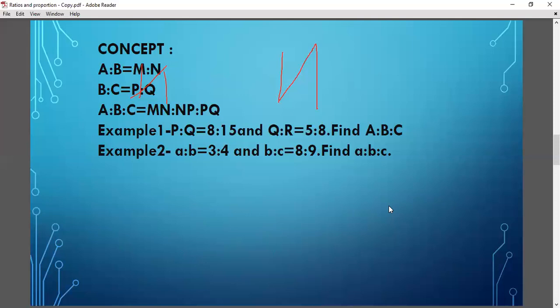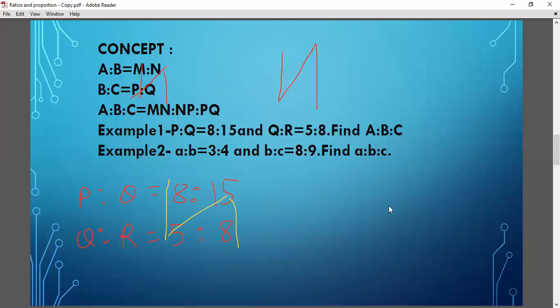P is to Q is given as 8 is to 15 and Q is to R is given as 5 is to 8. We need to find the value of P is to Q is to R. So for that, you need to multiply 8 with 5, 5 with 15, and 15 by 8.